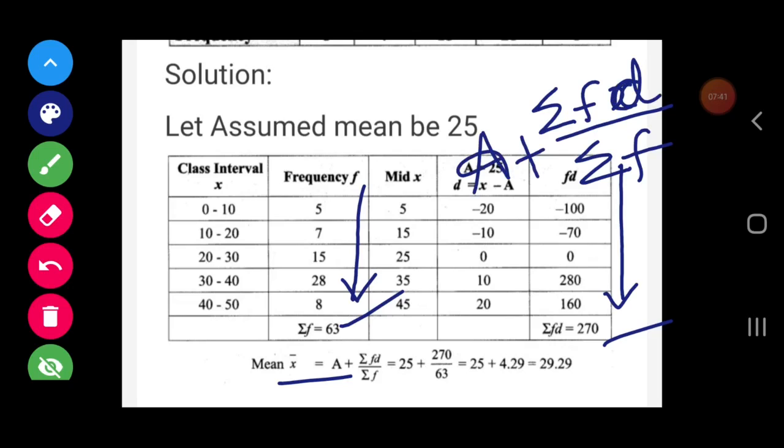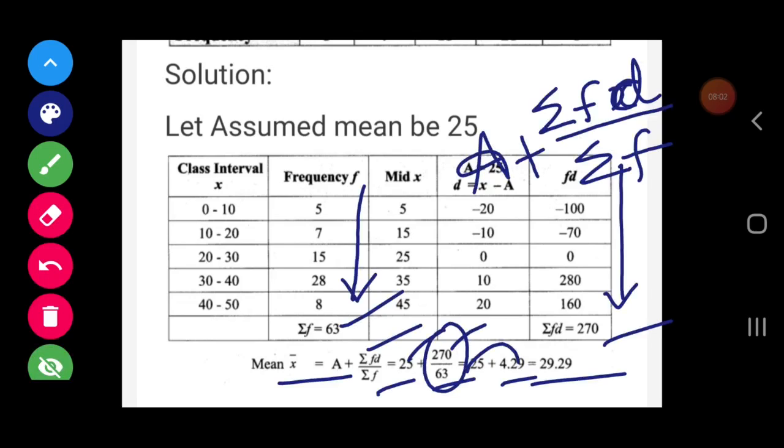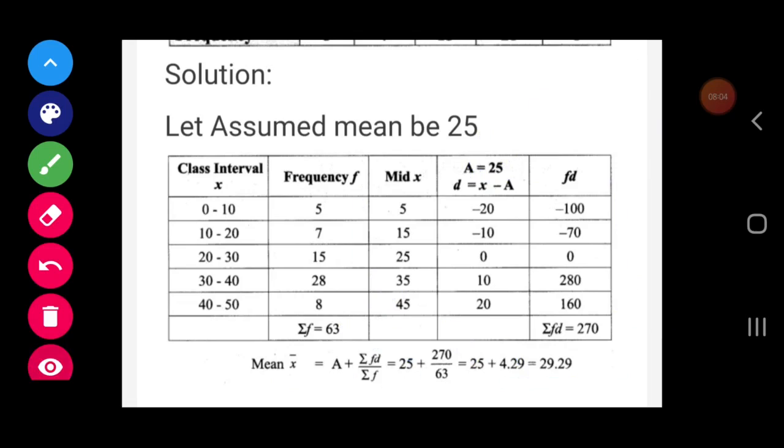So a plus summation fd divided by summation f. Here the assumed mean is 25, summation fd is 270, summation f is 63. Dividing gives 4.29. When we add this, it will be 29.29. This is our exact mean value, found by using the assumed mean.